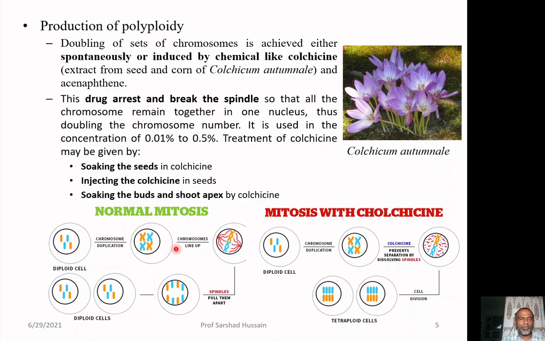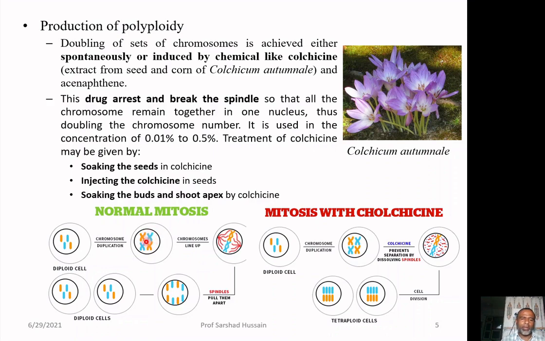Like you can see in normal mitosis, the spindle apparatus is formed, which distributes the duplicated chromosomes into 2 cells. Say, for example, here you can see there are 4 chromosomes present in duplicated condition.